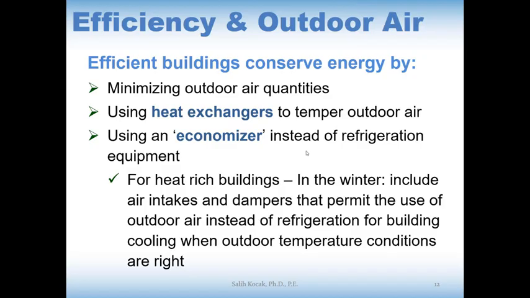So many things contribute to the heat, so they are called heat-rich buildings. From lights, from people, equipment, and anything. On moderate winter days, they almost don't need any heat. Such buildings operate air conditioning equipment in winter to remove the internal heat.